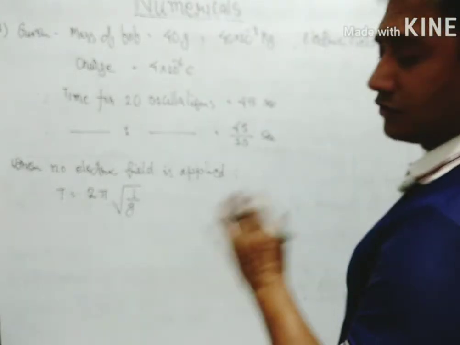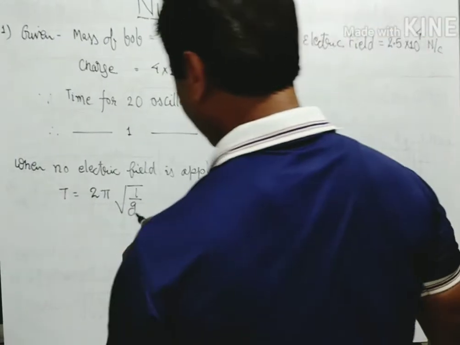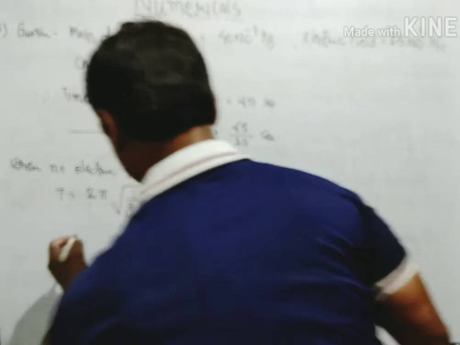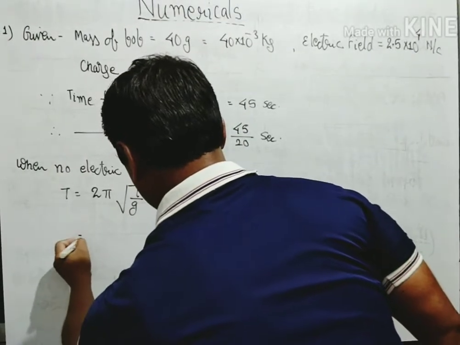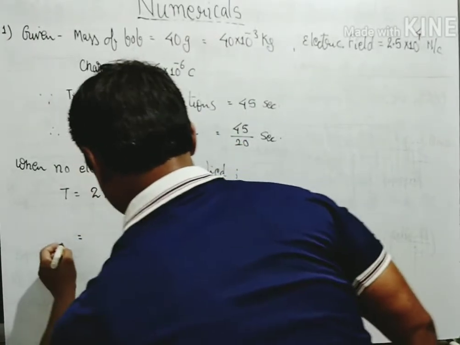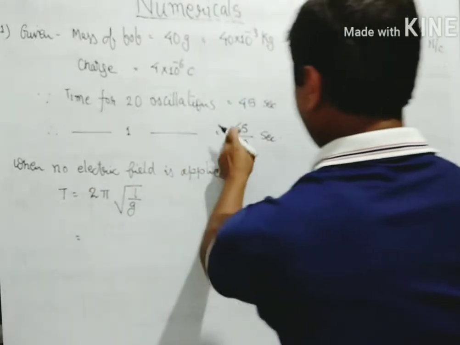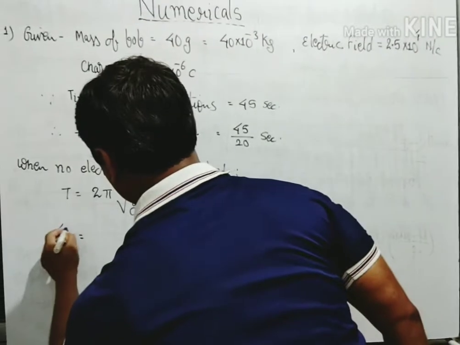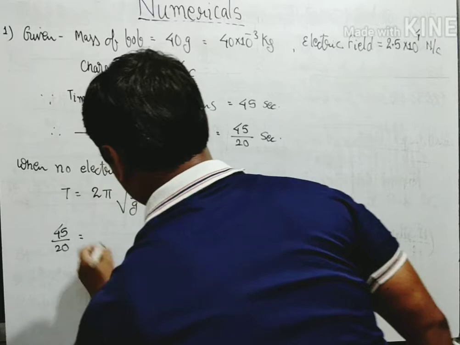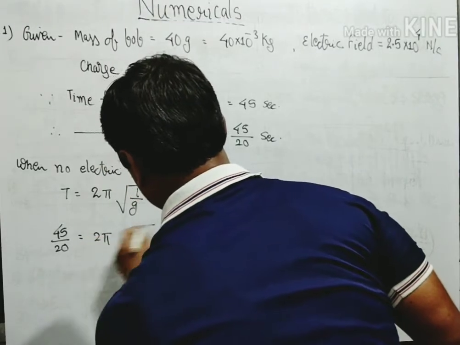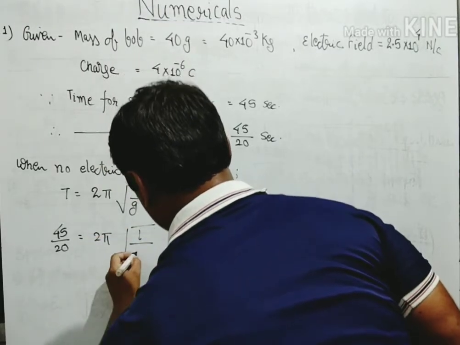So this is our formula. Now we take 45 upon 20 as the time period: 45 upon 20 equals 2 pi under root L upon g.